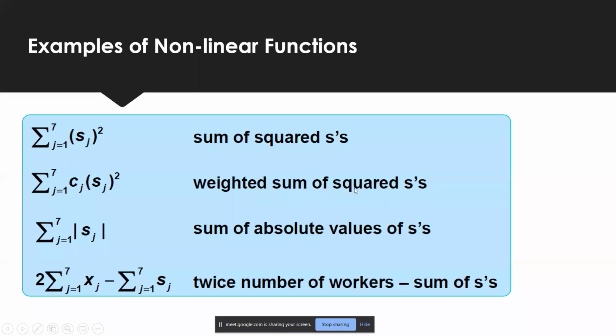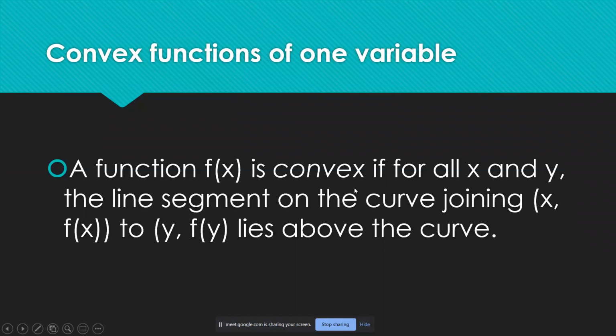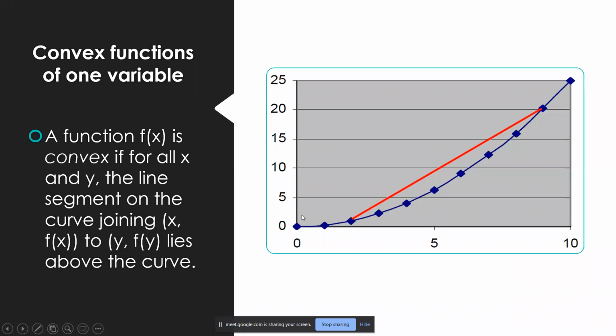A function of x is convex if for all x and y, the line segment on the curve joining x, function of x to y, function of y lies above the curve. An example is this one.